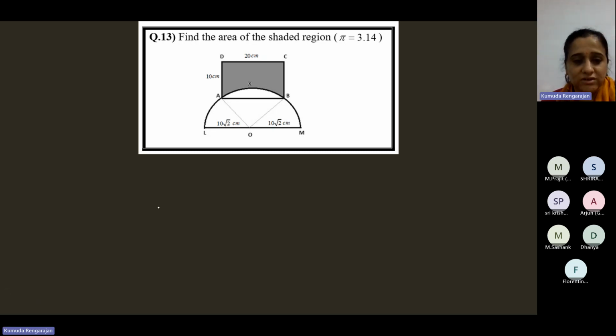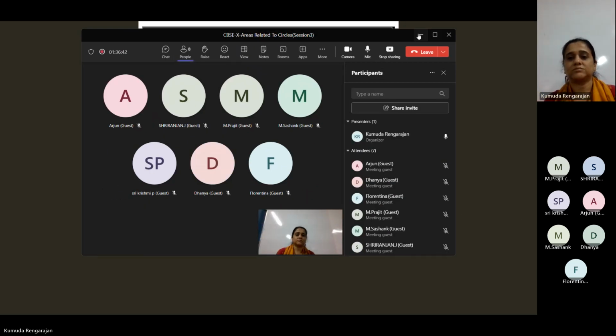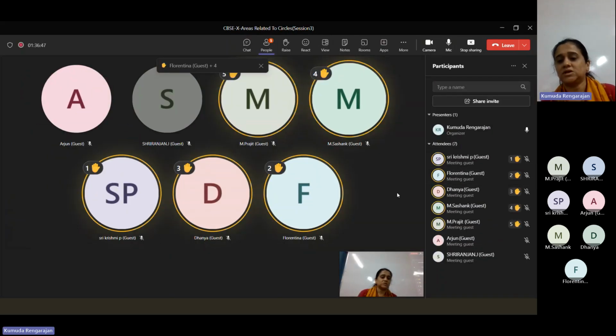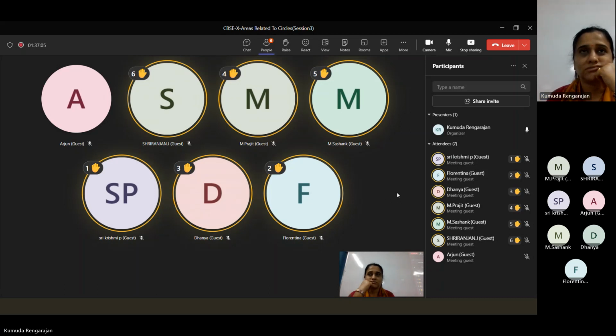So now see this figure, children. I'm just showing you the triangle alone. Online children, use the emoji. Raise your hand. Prashant, Florentina, Danya, Prajit, Kushni, Ranjan. Arjun, are you there? Arjun?